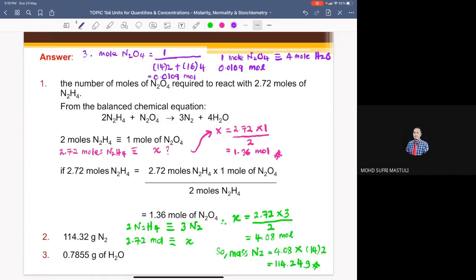So, what is the mole of water produced? Therefore, X is 0.0109 times 4 divided by 1.